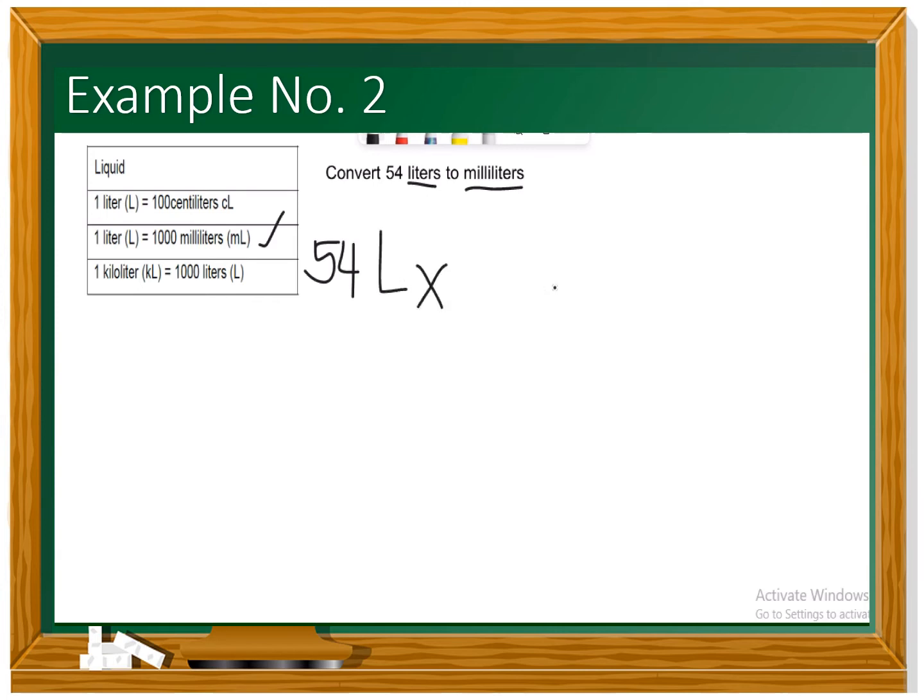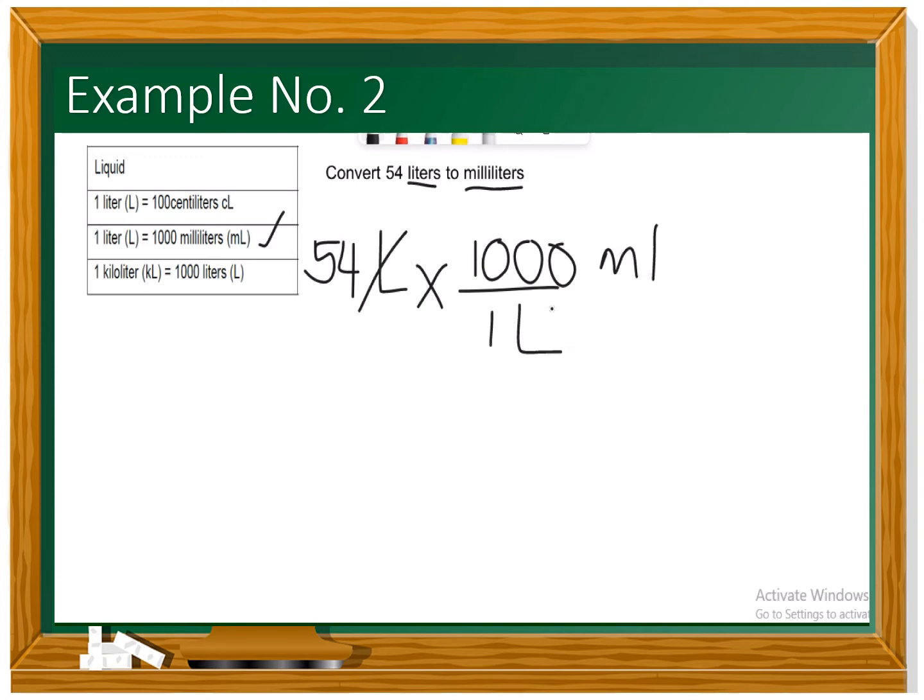Opposite the given, we have to write also the equivalent. We have 1 liter, and 1 liter is equivalent to 1,000 ml. Now, let us cancel the units.